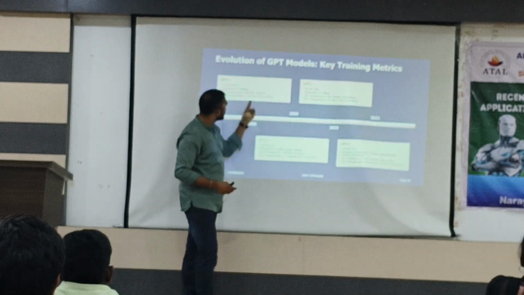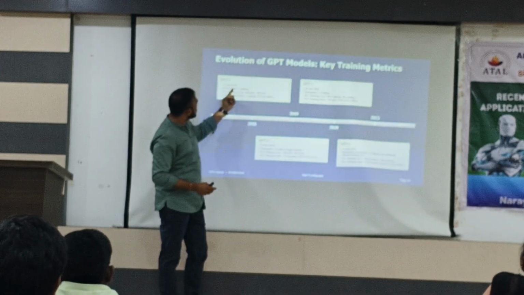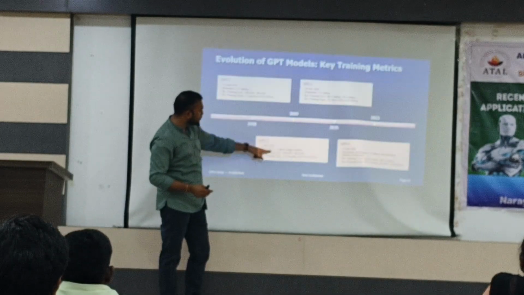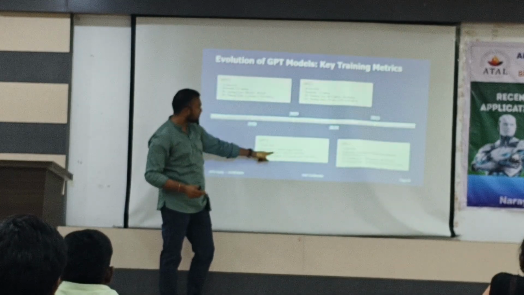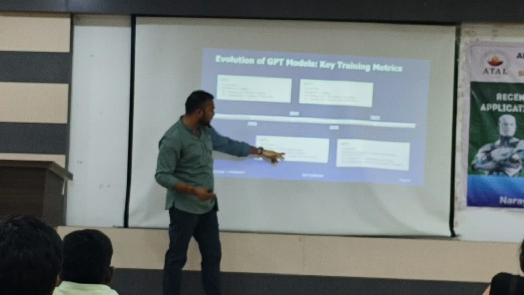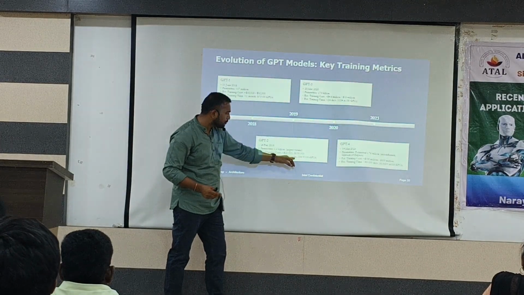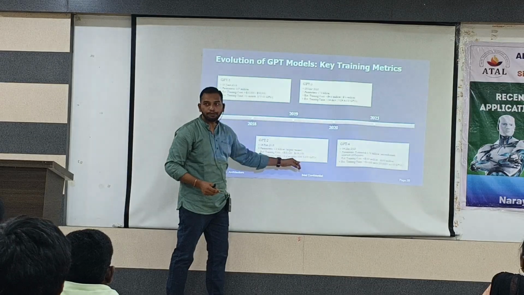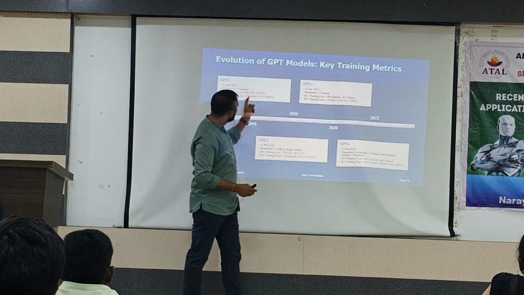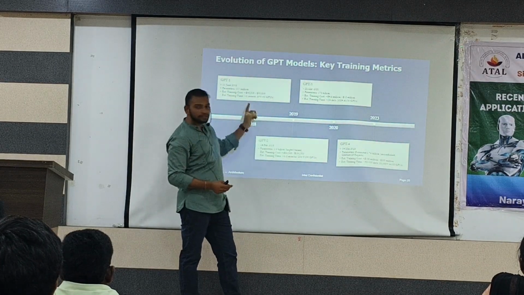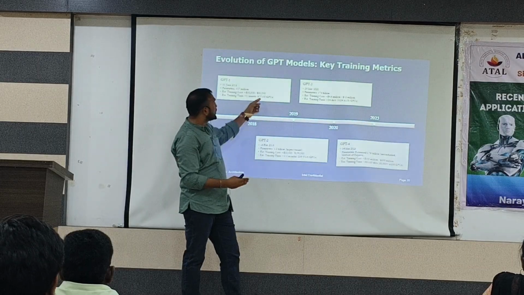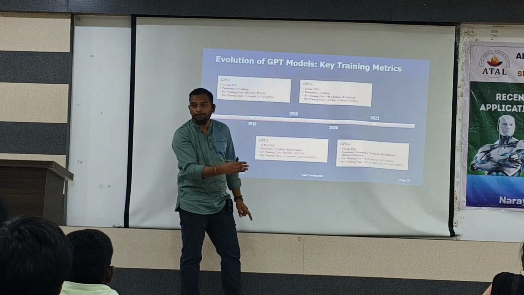In 2019, just 1 year after, the parameters went from millions to billions. Even the training cost was more or less similar, but it took more time with advanced GPUs. You need to understand how many parameters are getting multiplied and what kind of GPUs are being used.